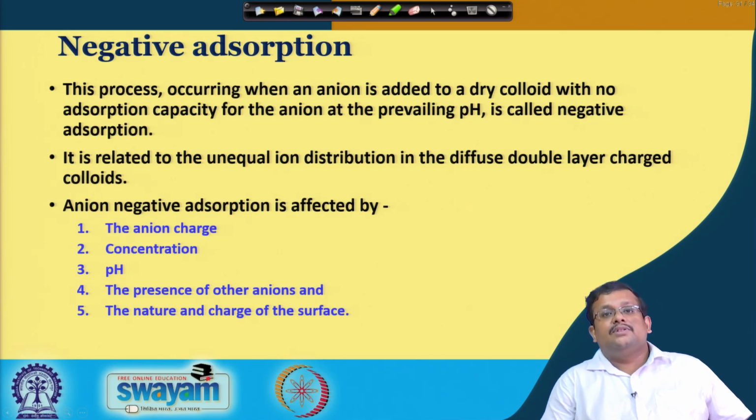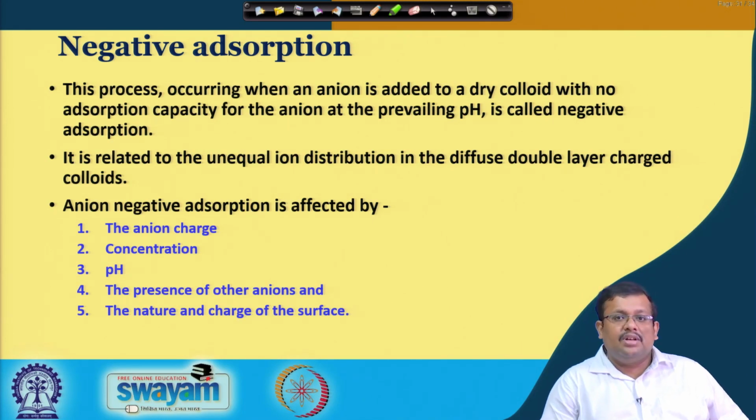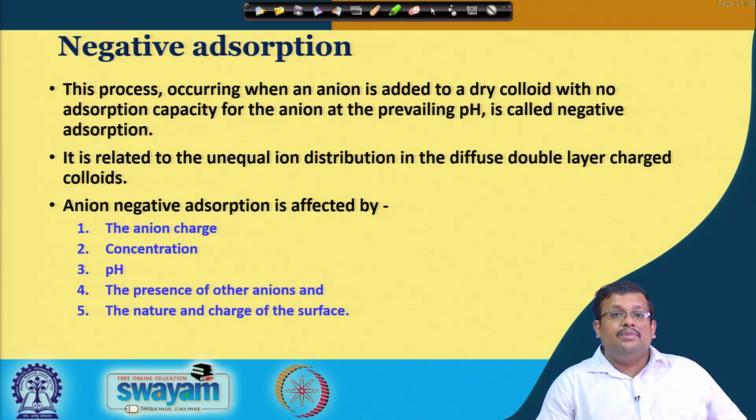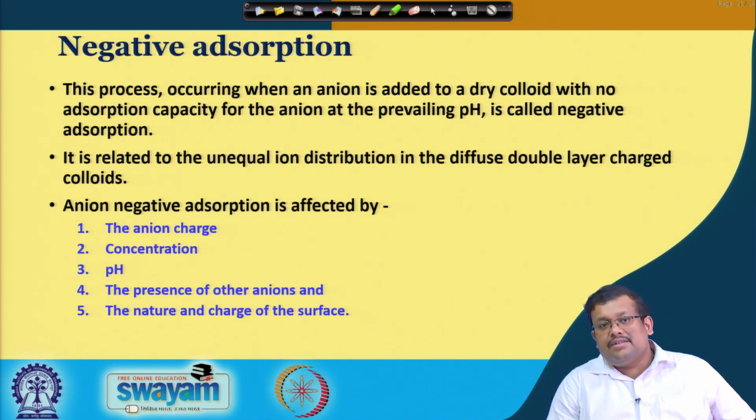Now, this process occurring when an anion is added to a dry colloid with no adsorption capacity for the anion at the prevailing pH is called negative adsorption. So, now I hope you are clear about negative adsorption. It is related to the unequal ion distribution in the diffuse double layer of charged colloids. Obviously, that is why there is a repulsion.